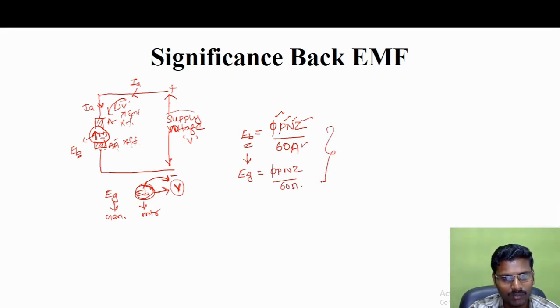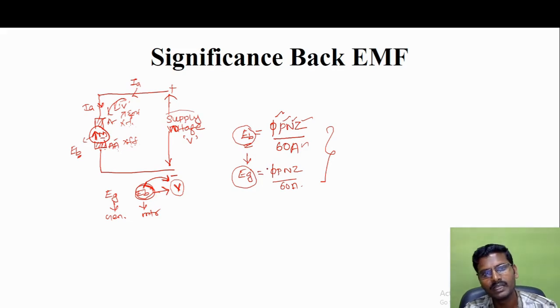So both will be similar, but in generator it is denoted as EG, generator EMF, and in motor it is represented as EB, back EMF, right? So this is the concept behind significance of back EMF. Thank you.